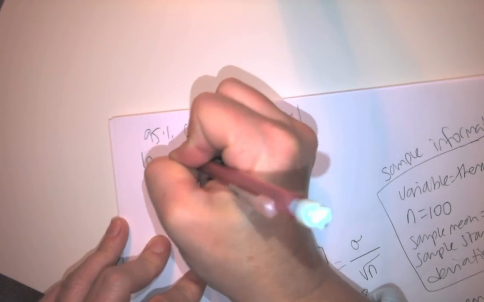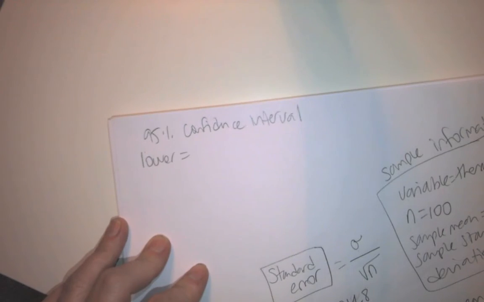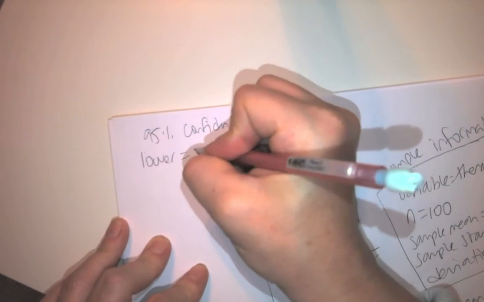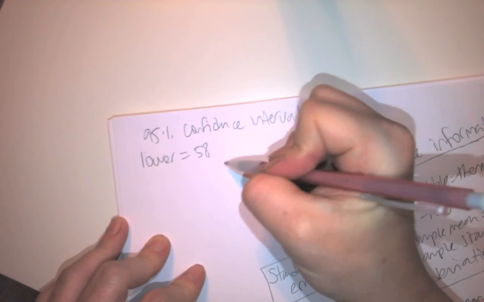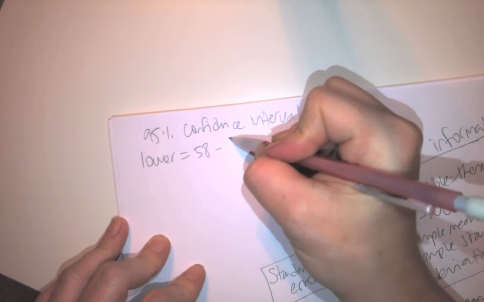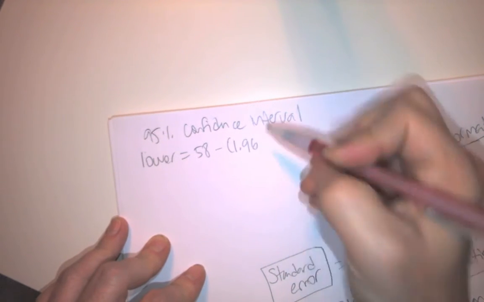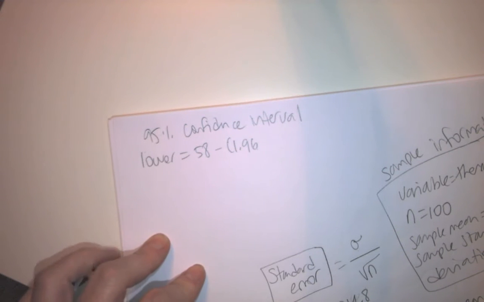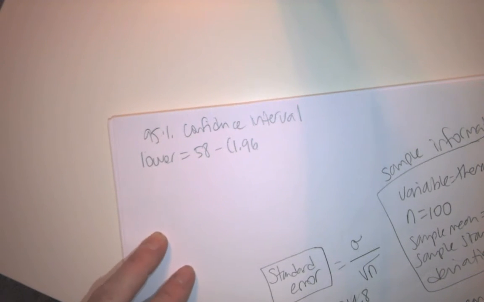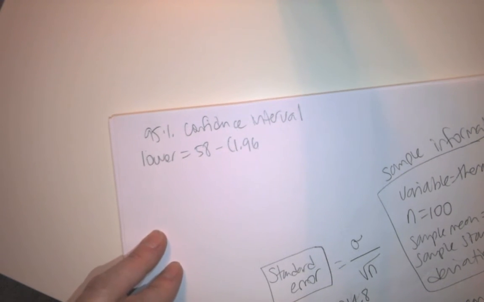The lower is going to be equal to, in this case, the sample mean of 58 minus 1.96, because that is the score that is tied to the 95% confidence interval. I'll show you a quick trick for how to determine this in a moment. But let's get back to this example.